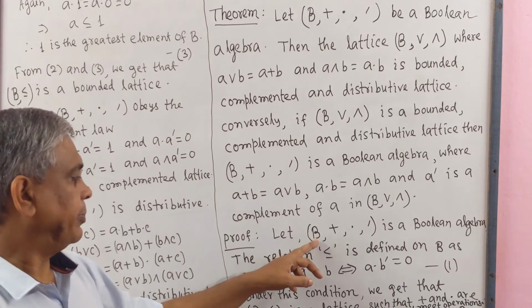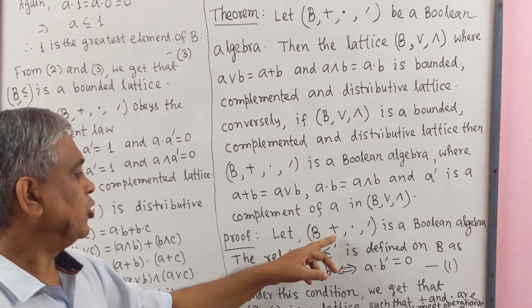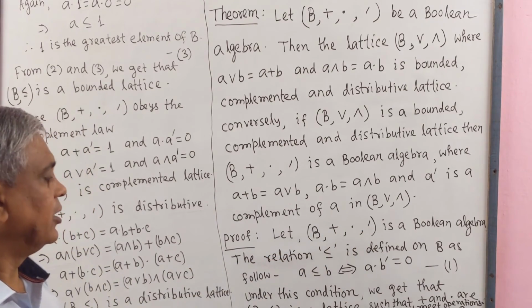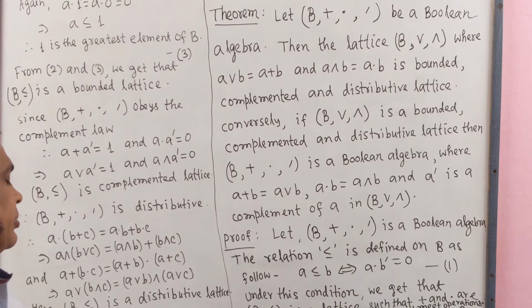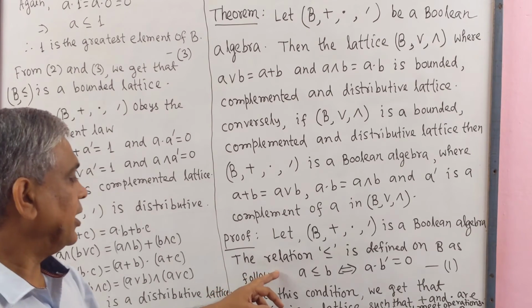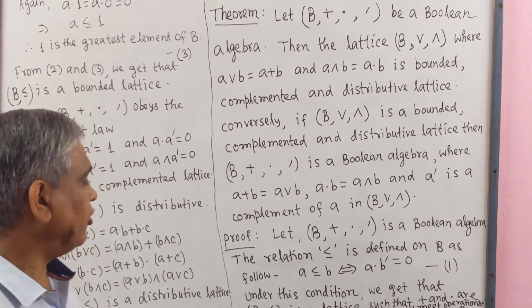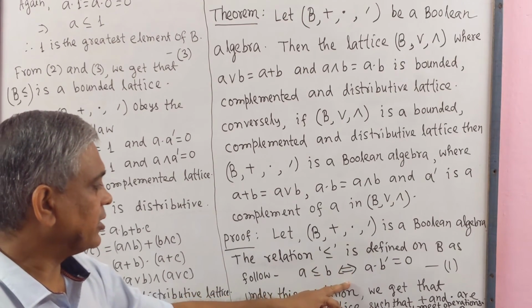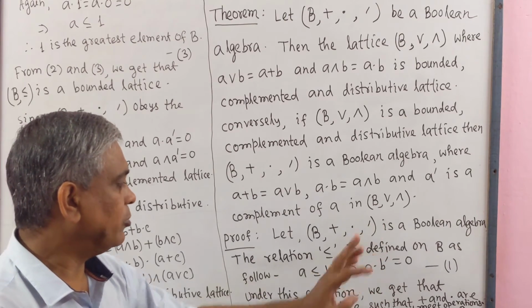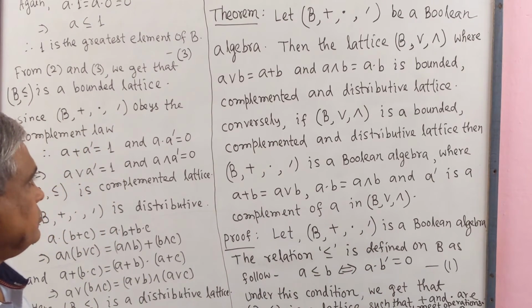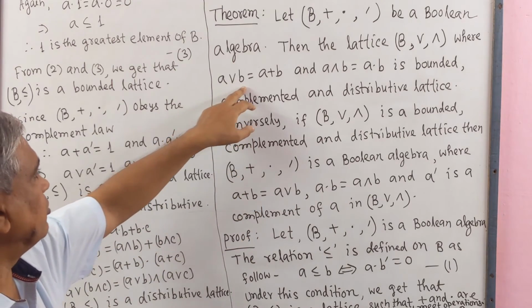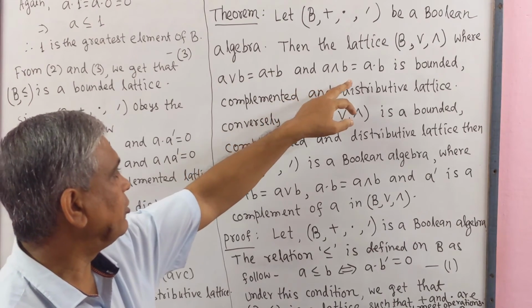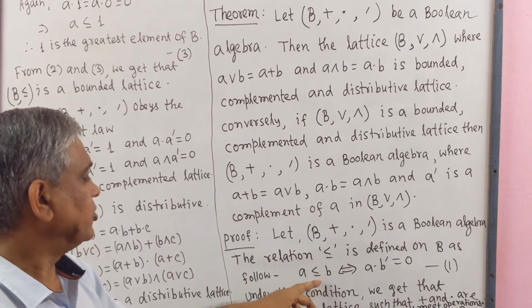Let capital B with binary operations plus, dot and unary operation complement be a Boolean algebra. This relation is defined on B as follows: A is related to B if and only if A dot complement of B equal to 0. Since under this condition we get A join B equal to A plus B and A meet B equal to A dot B, we get this relation.